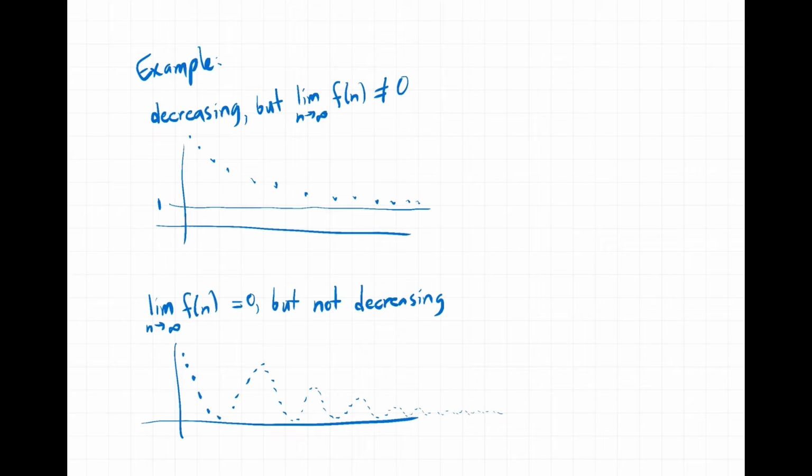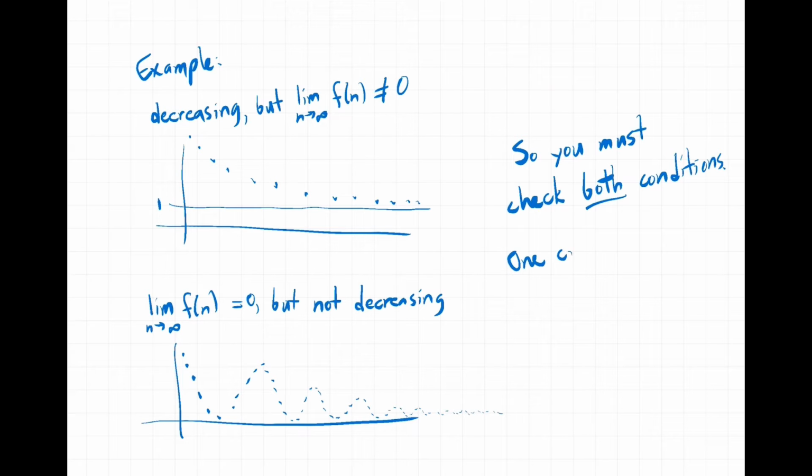It's just the humps are smaller and smaller and smaller as we go. So you need to check both conditions. One could be true without the other.